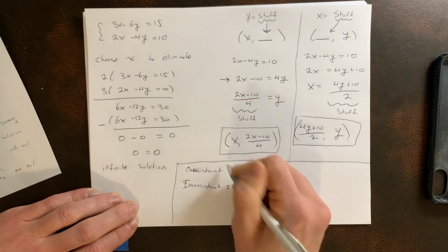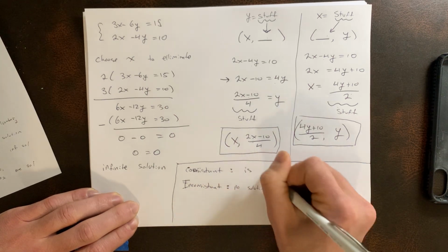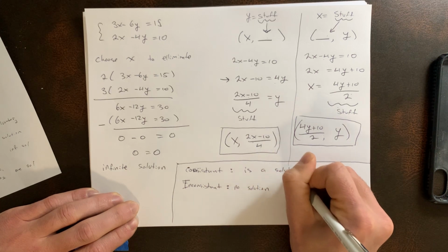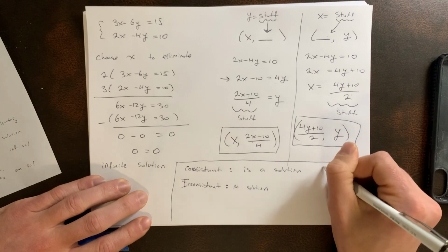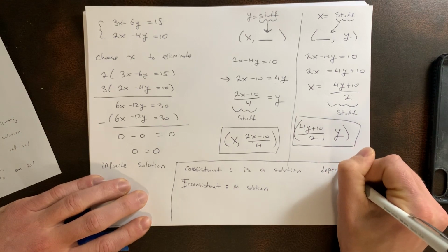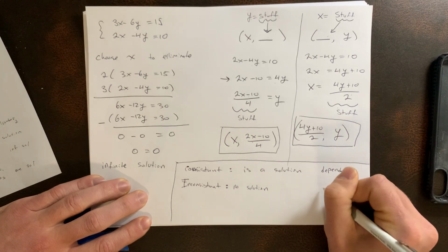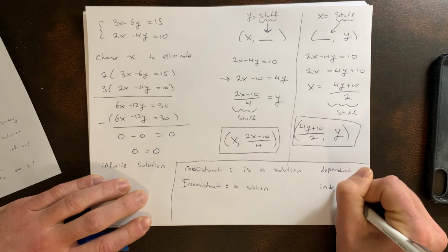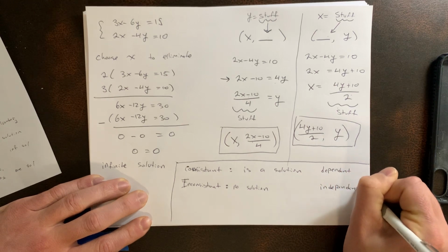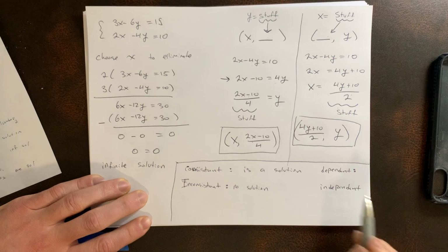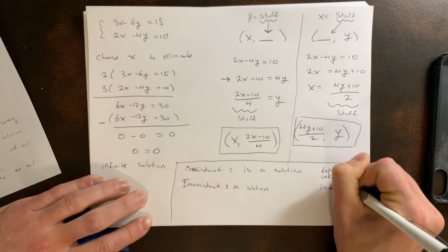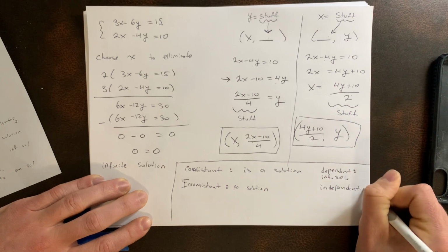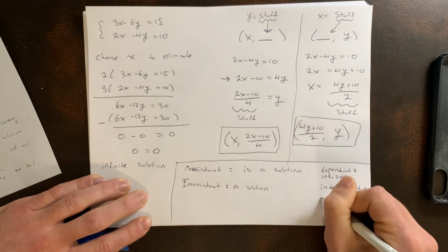But consistent means that there is a solution. When there is a solution, there are two other words that are used. It's either going to be dependent or independent. Dependent is going to happen when you have infinite solutions. And if you see the word independent, that just means one solution.